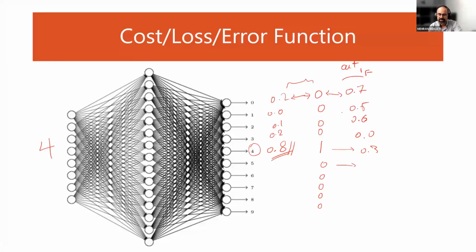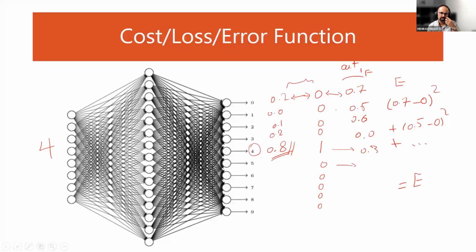So in this case, we need to calculate the error between the output from the first iteration and the expected one. We can calculate it simply as 0.7 minus our desired value, to the power of 2, and repeat this calculation for all of the 10 outputs. Then finally we come out with a number which is our error.